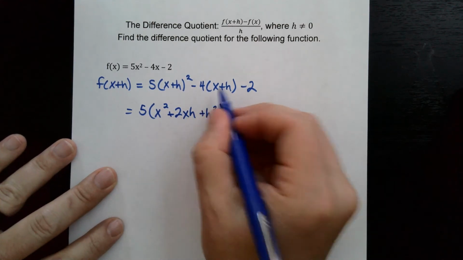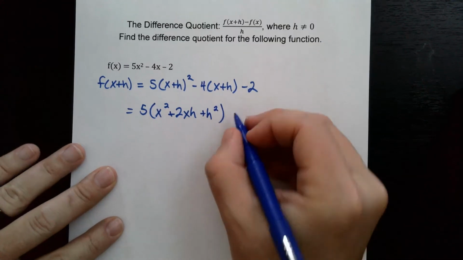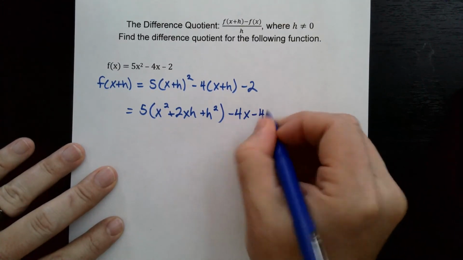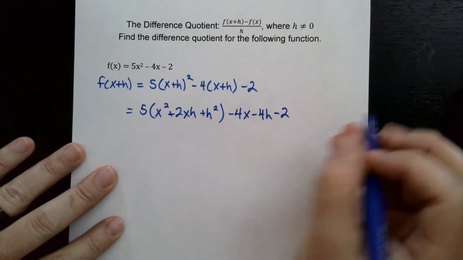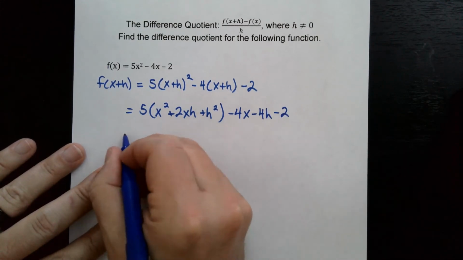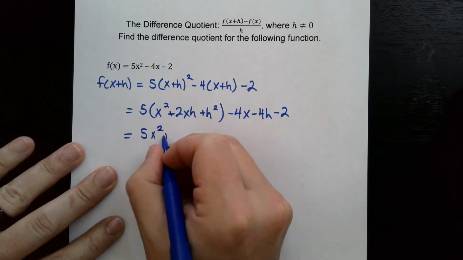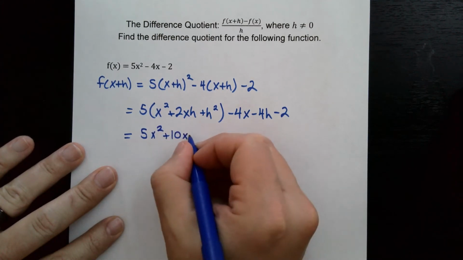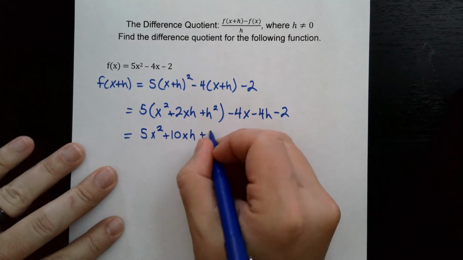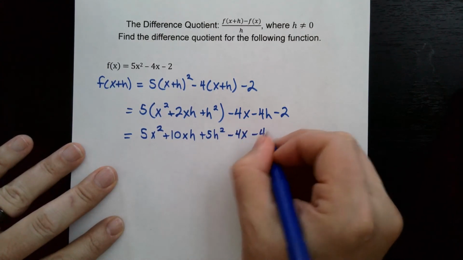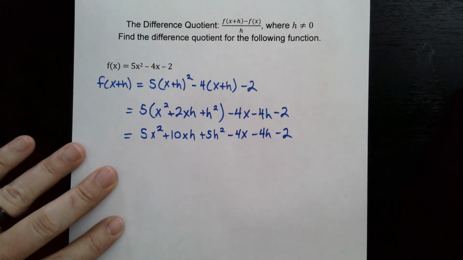I can distribute this negative 4 to make negative 4x, and then also minus 4h, and then we've got a minus 2. Now I'll distribute the 5, so that'll give me 5x squared plus 10xh plus 5h squared, and then minus 4x minus 4h minus 2.